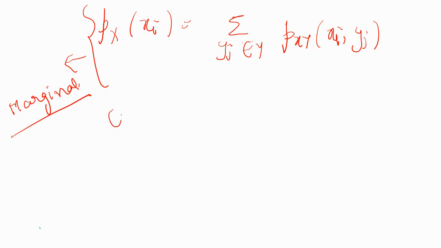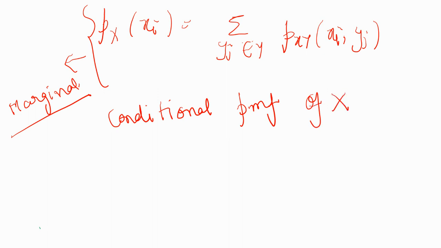And if we want to find the conditional probability mass function of x, there will be a dependency of x given y equal to some yj, or y greater than or equal to yj, or y less than or equal to yj.